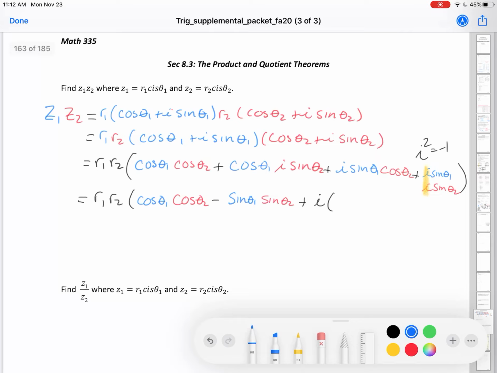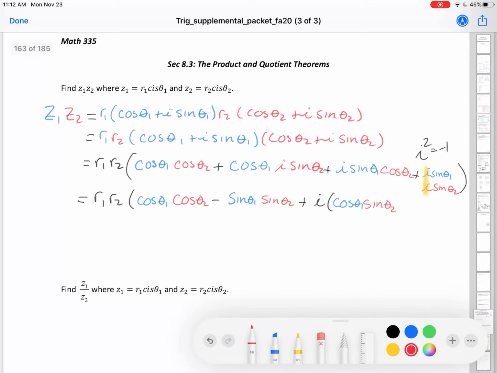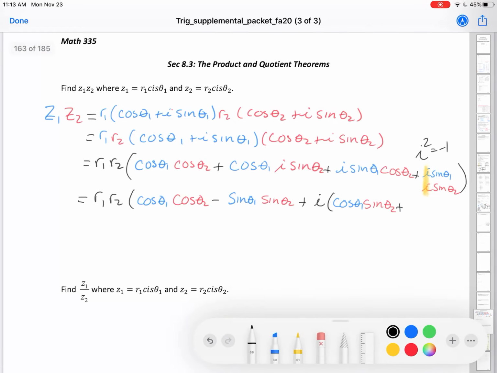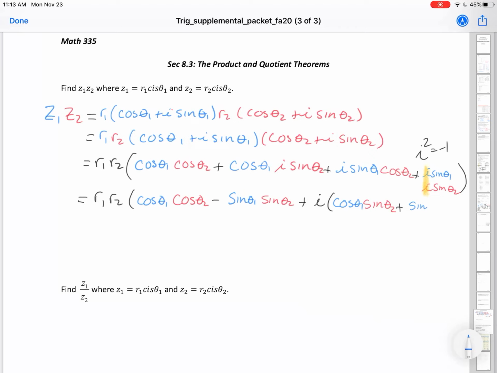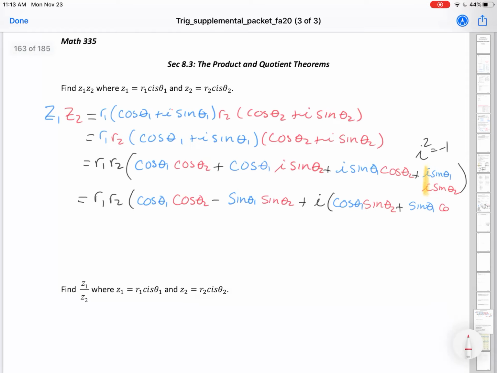So cosine theta 1 sine theta 2, plus sine theta 1 cosine theta 2. Awesome. Well, look what we have. Take a look at these guys right here.